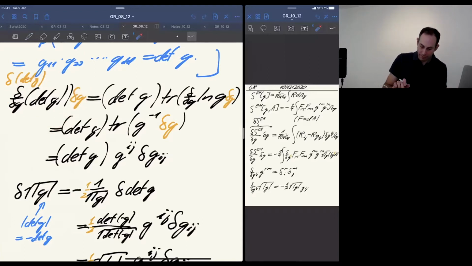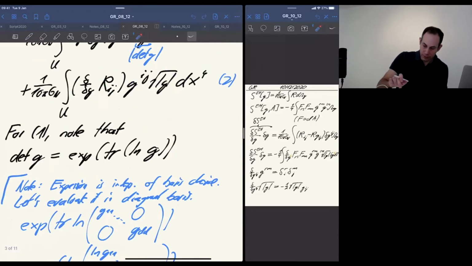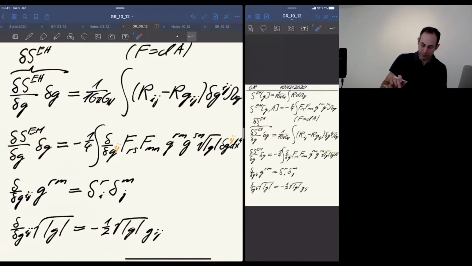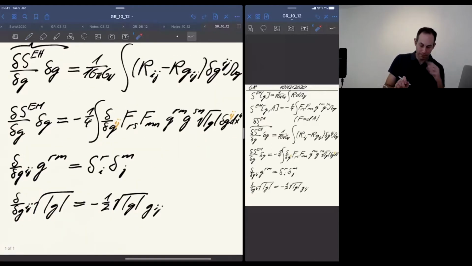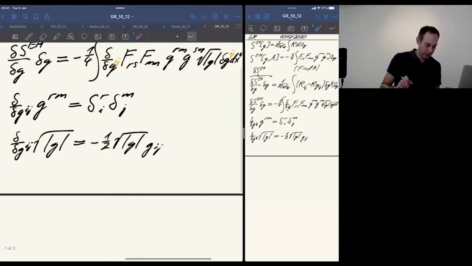Okay. So I didn't put the delta now in. At the end we will have to multiply with this, of course. And we just need to remember that. So let's do that now.